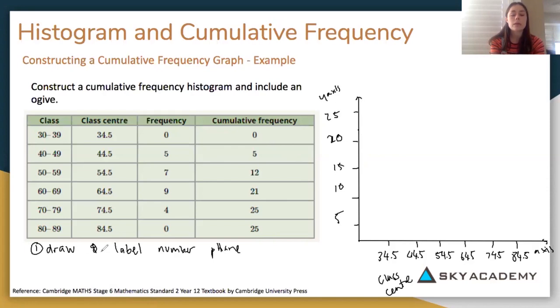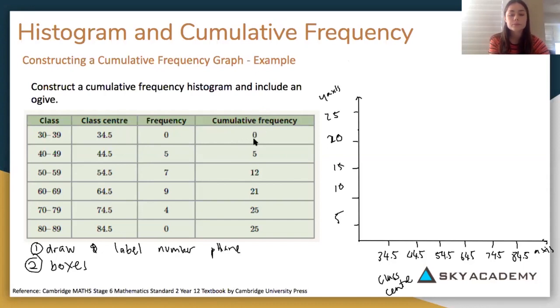And number 2, I can draw on my boxes. So we can go ahead and do that. I'm going to do it in a different color. For my class center of 34.5, I had a frequency of 0.